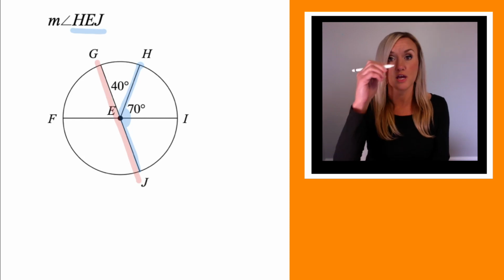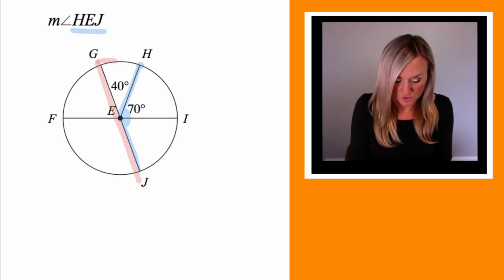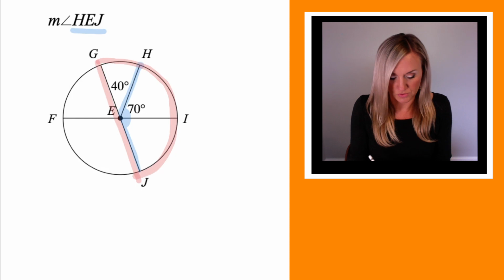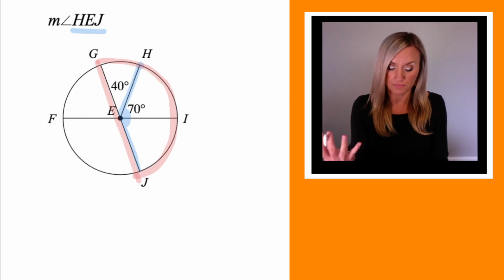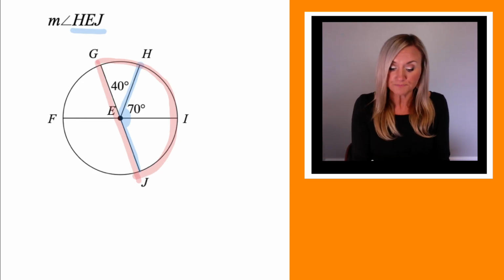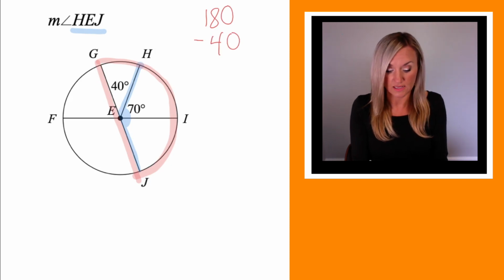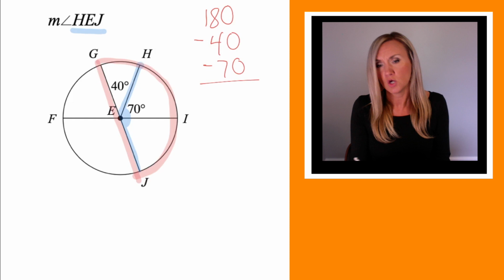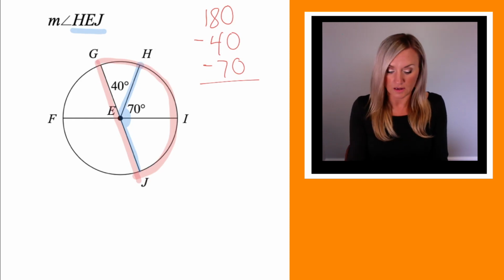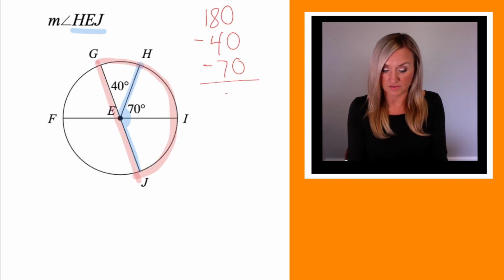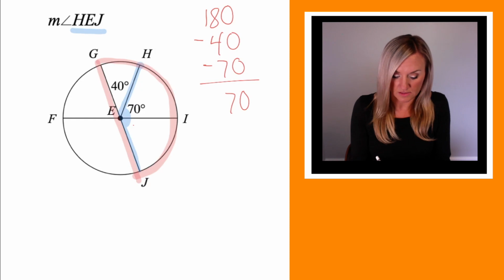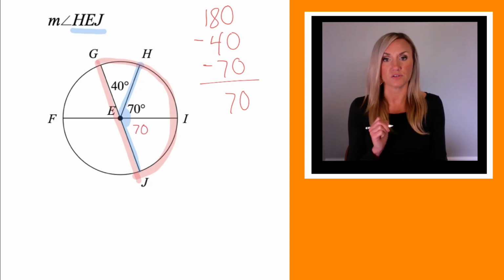The GJ for the diameter. So then I am going to connect it like that and say, well, that's 180 degrees. So 180, and I'm going to subtract out the 40 and subtract out the 70, which is going to leave me with a 70, right? So that means this right here is 70.